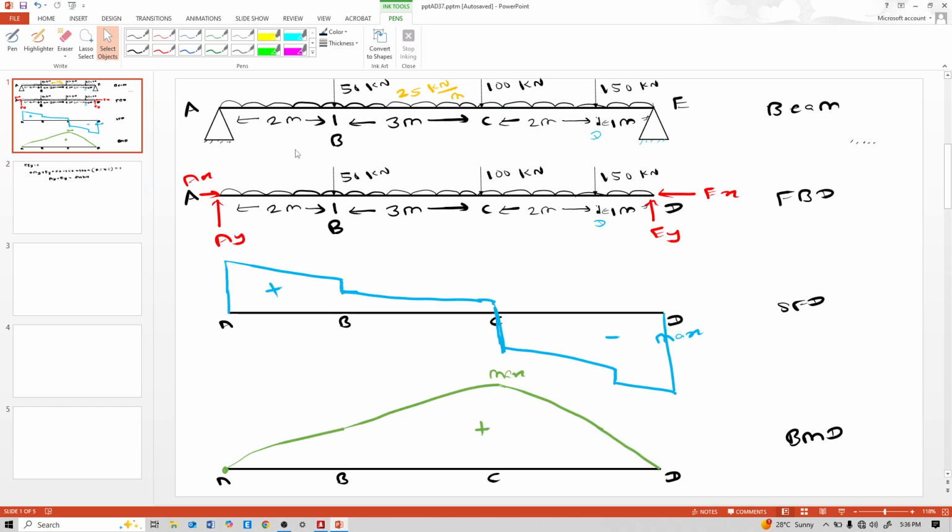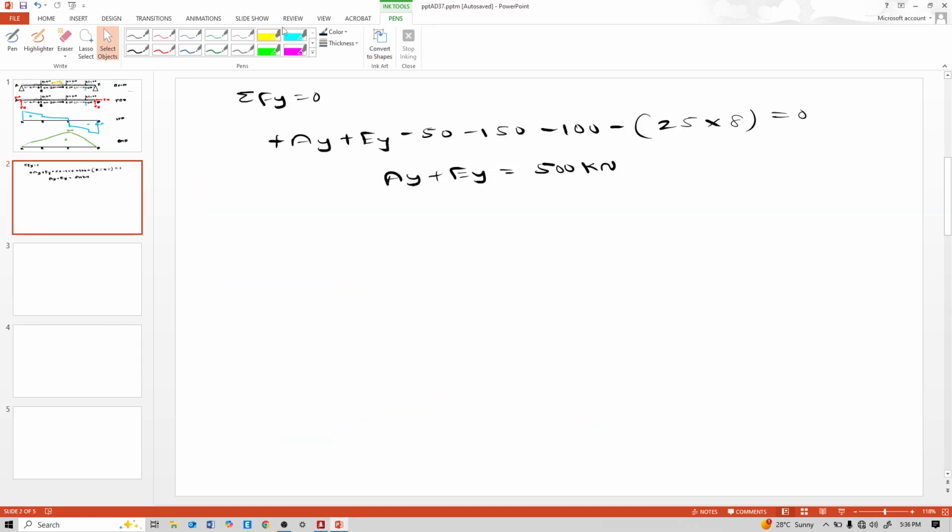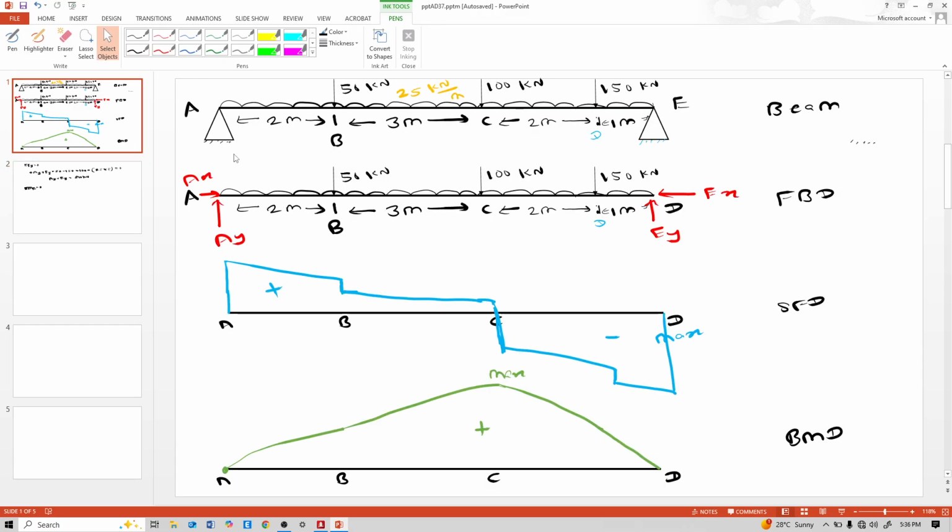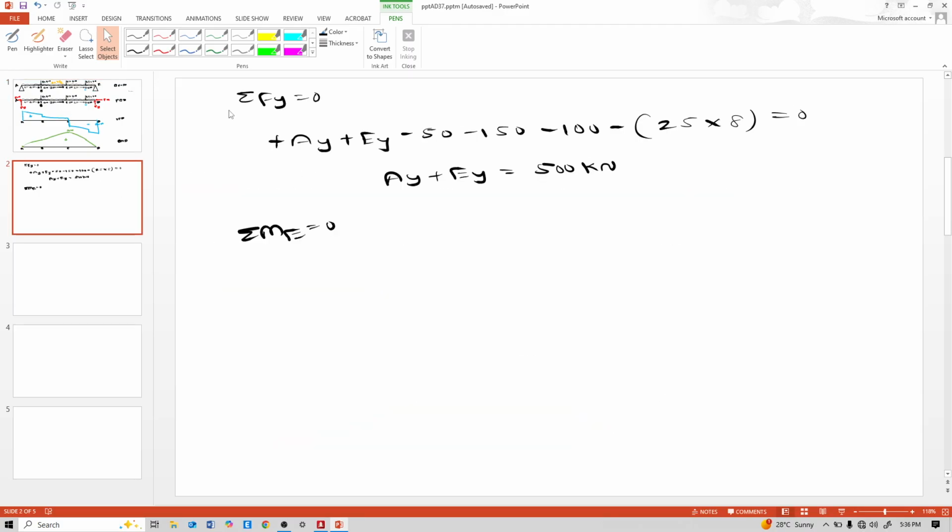Now take moment at this E point. This AY is clockwise, so AY into 8.